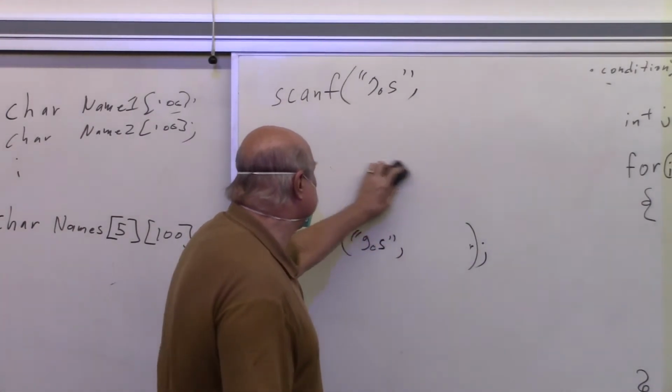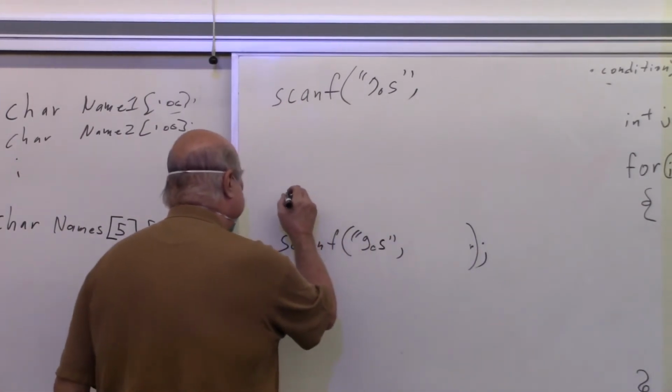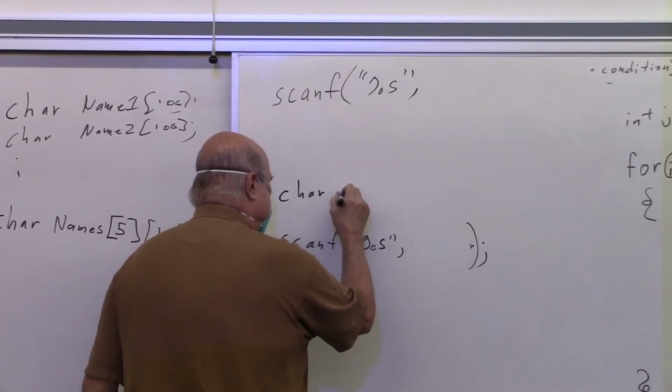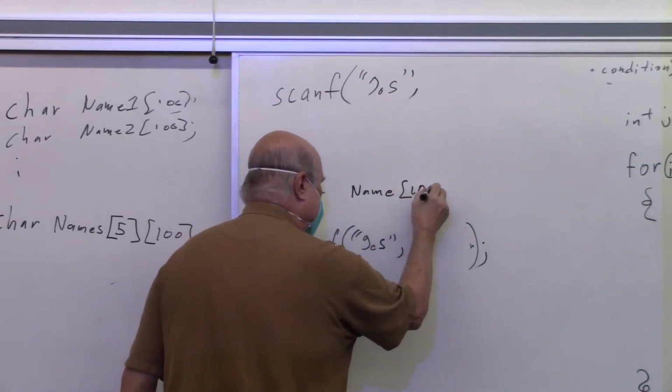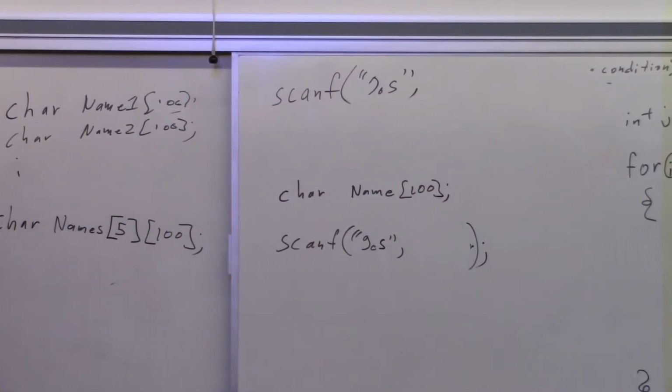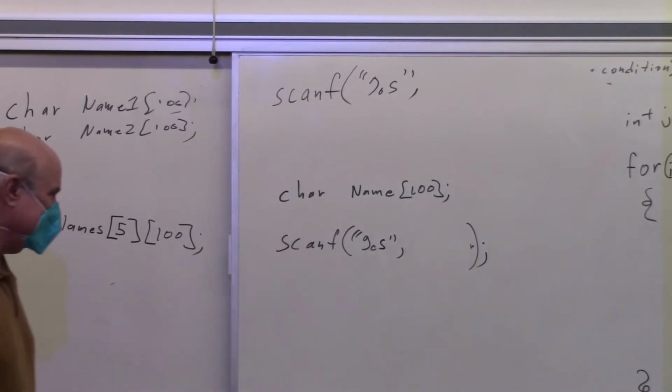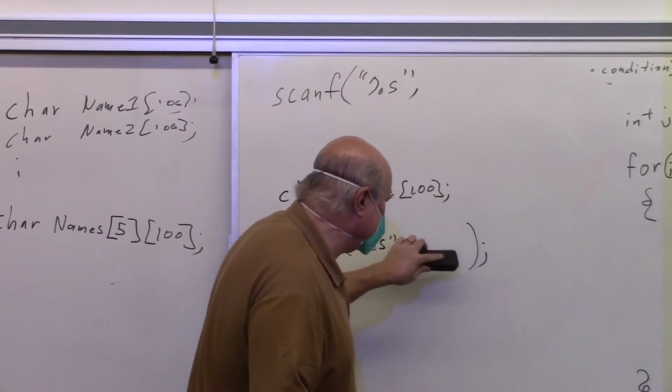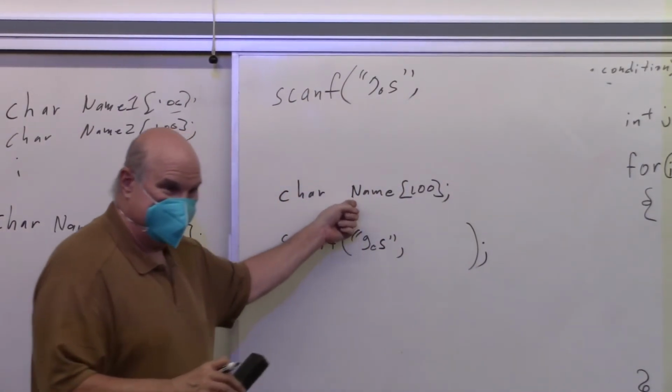Okay, so suppose we're not doing that anymore. Suppose we're doing, so we have a character array, which is the convention used to create what is loosely called a string. Okay? What do we have to put here? This is a piece of memory, right?